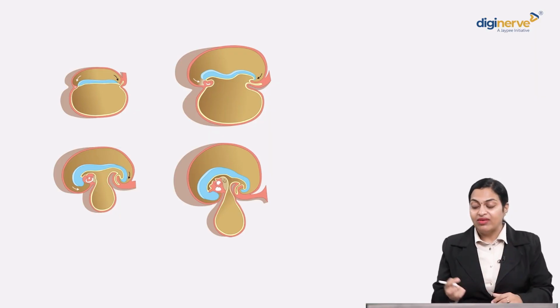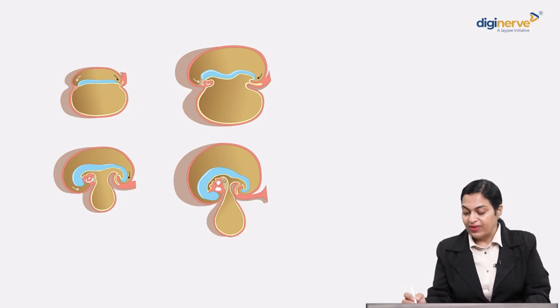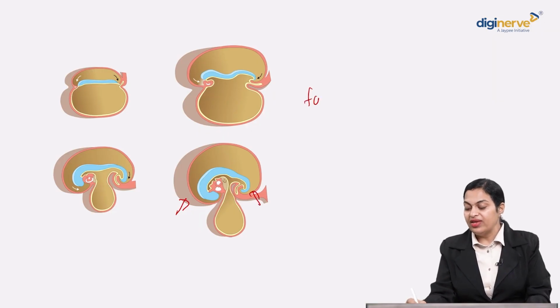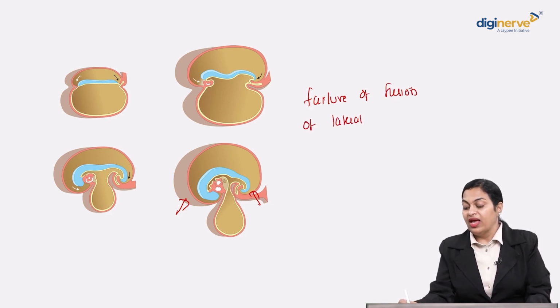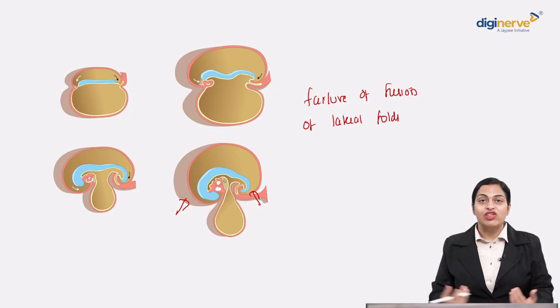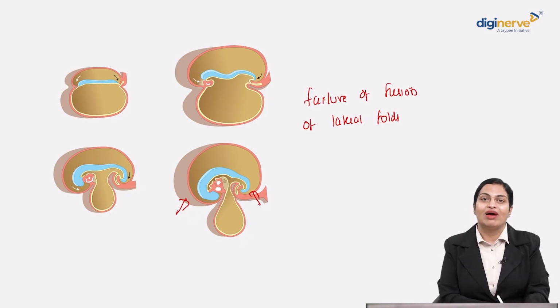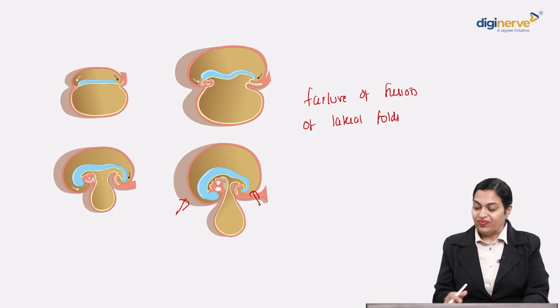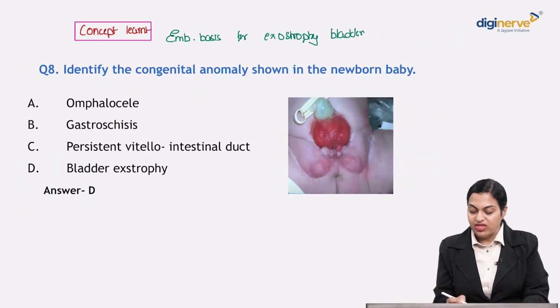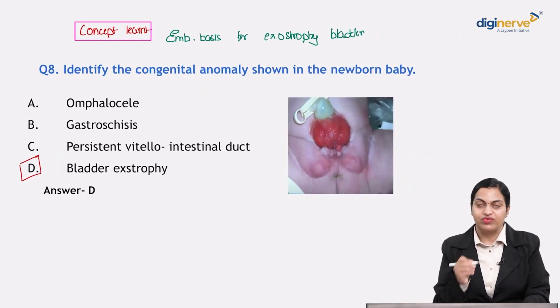Failure of fusion of the lateral folds and failure of migration of mesenchyme into the lateral folds, especially in the part of the anterior abdominal wall below the umbilicus, results in ectopia vesicae. So this condition is called bladder exstrophy.